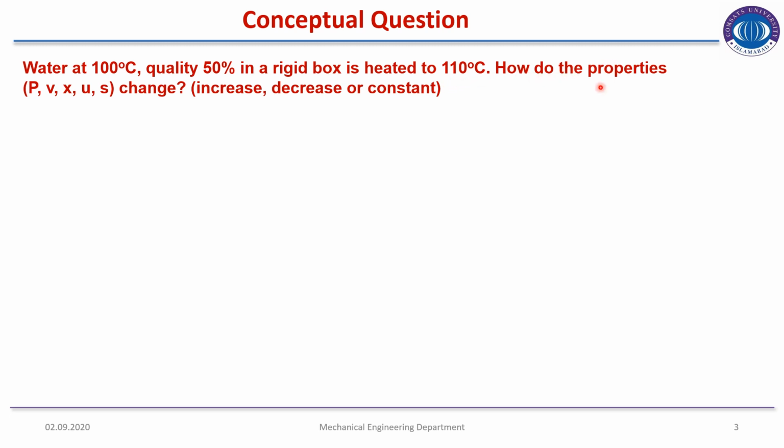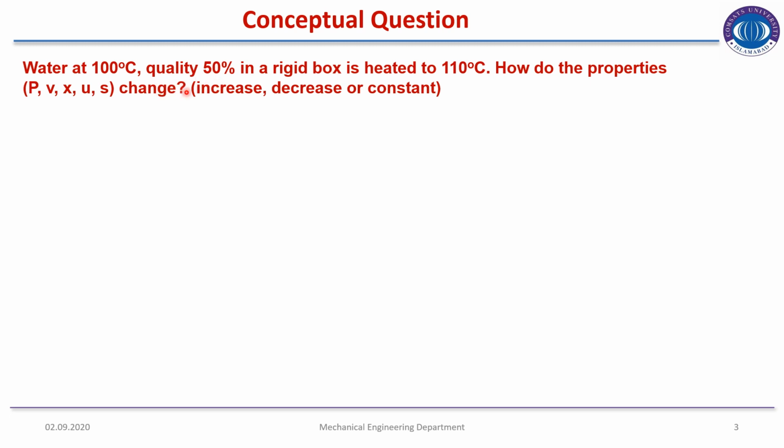How do the properties pressure, specific volume, so X is quality, U is internal energy, and S is specific entropy change? So here five properties are given, and the working substance is water, and the initial temperature is 100 degrees centigrade, and final temperature is 110 degrees centigrade.